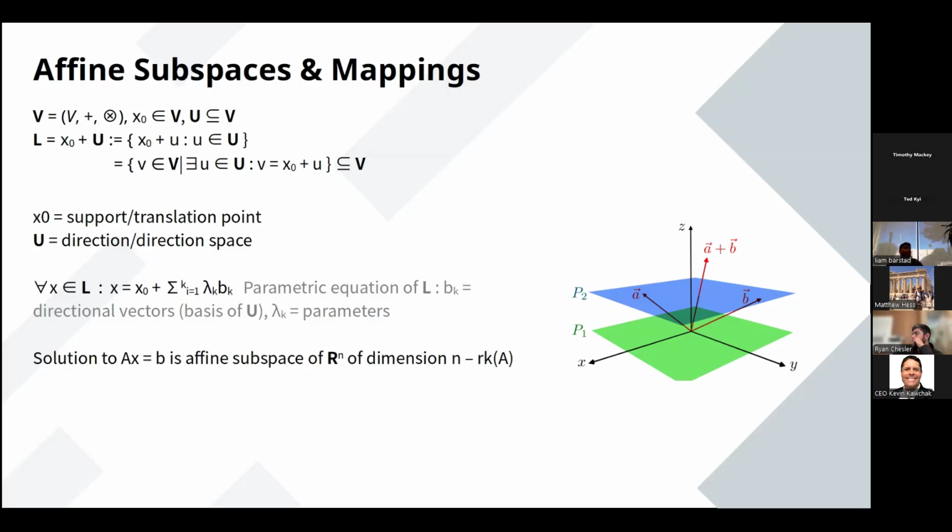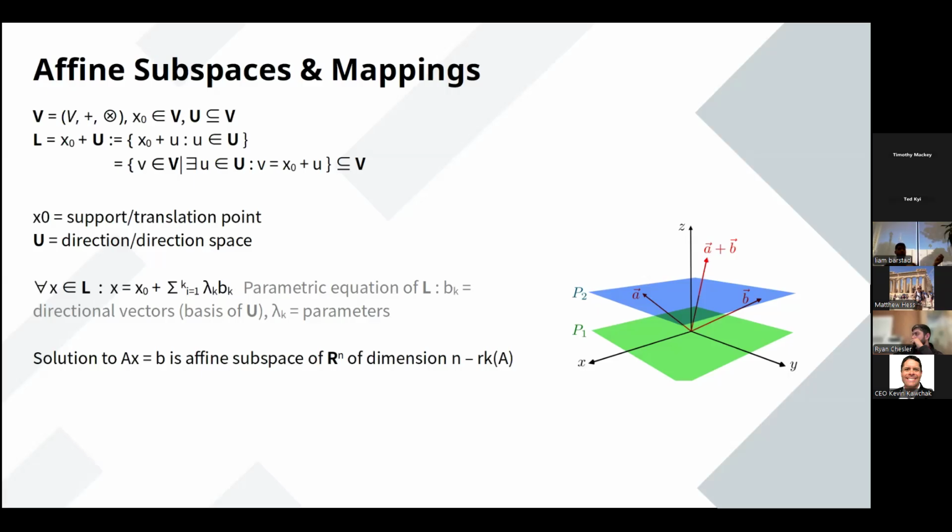And it's of dimension n minus rank A, where n is the... because again, we're talking about that line or that plane, that is the set of possible solutions.